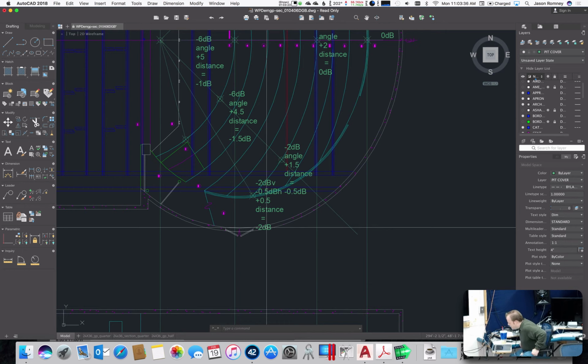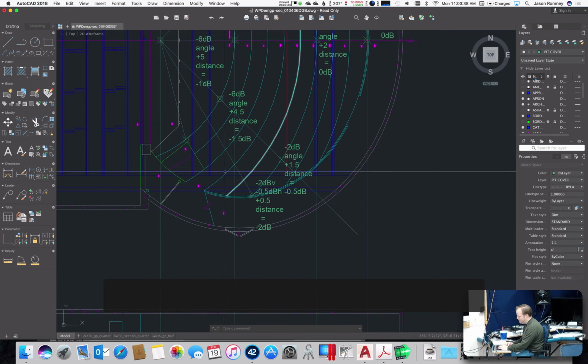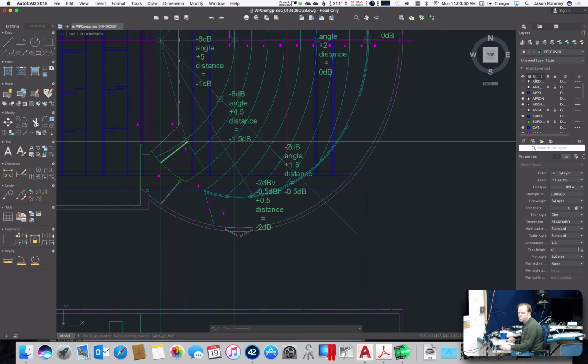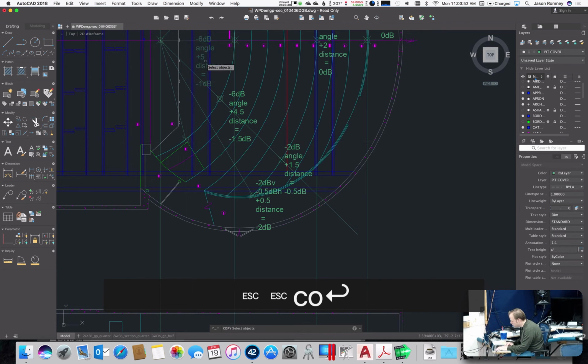Okay. Now, this will be the worst case scenario, this seat. This seat is the furthest off axis horizontally and vertically, and it is the most difference in distance compared to back row center, right? So let's just see what we end up with there. I'll take my little values here.